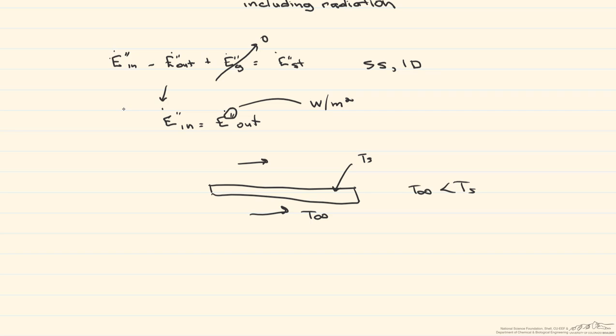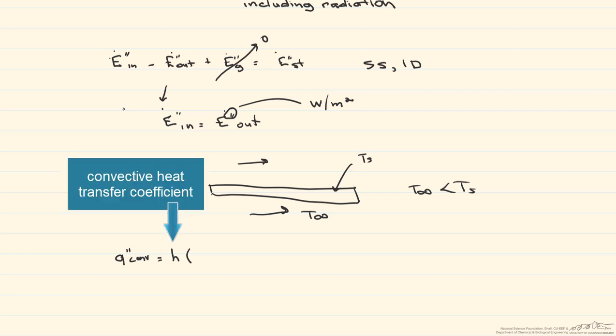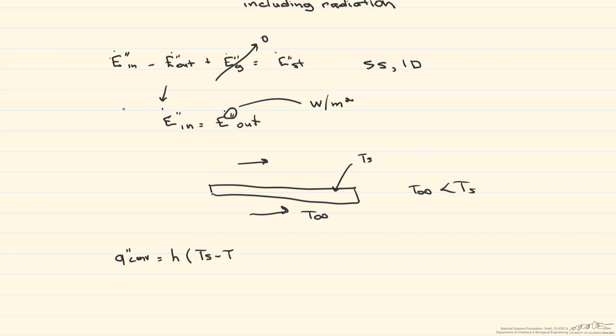So let's start with convection. If there is a fluid next to the plate and a temperature difference between the plate and the surrounding fluid, there is convection. It could be negligible, it could be forced or free, but if there is a temperature difference, we use Newton's law of cooling such that Q convection is equal to h, which is the convective heat transfer coefficient, times Ts minus T infinity.